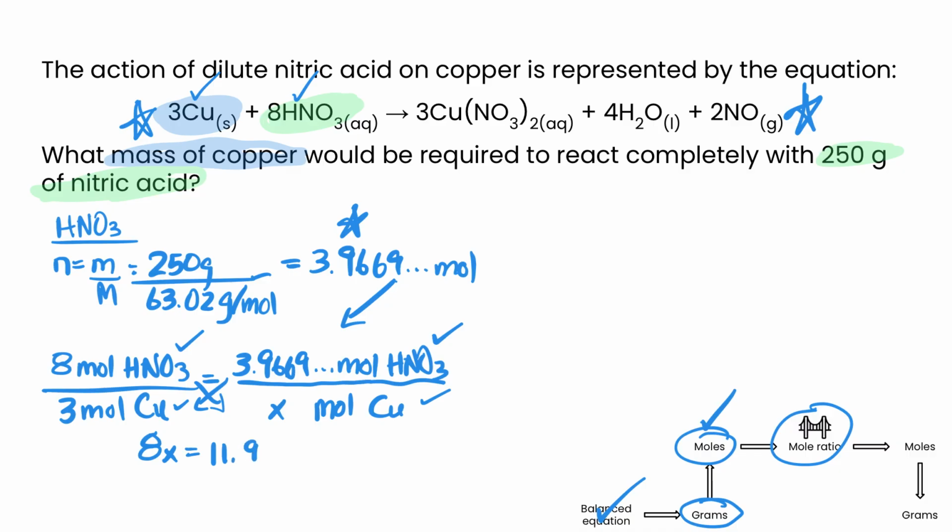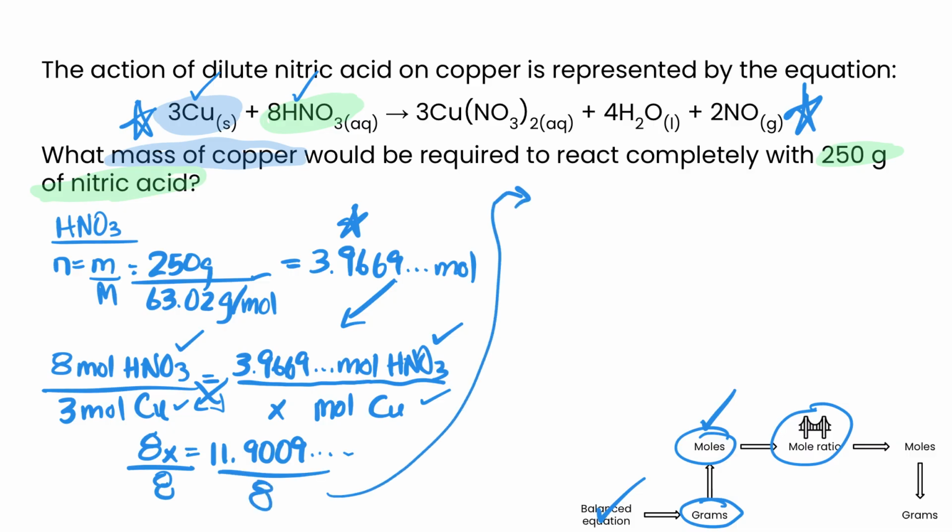So that is 11.9009. And then we're going to divide both sides by 8 to get our value of x, which is the moles of copper. So x is 1.4876, and so on, moles of copper. Again, do not round off yet. We're not done.